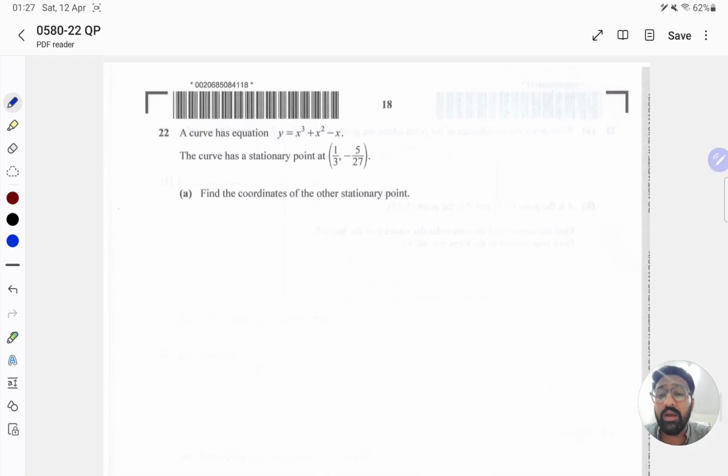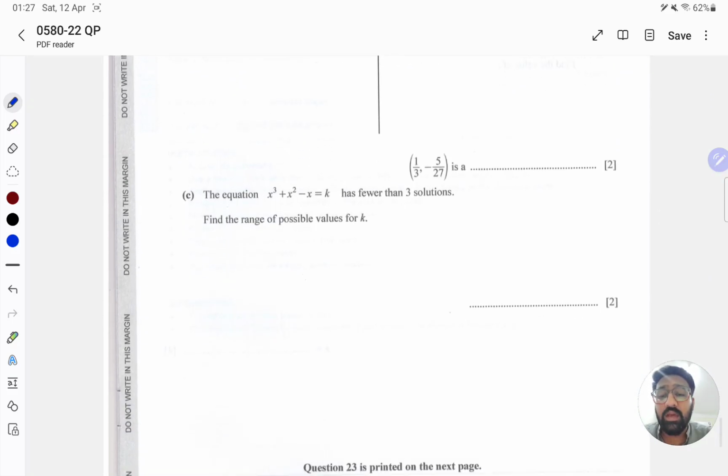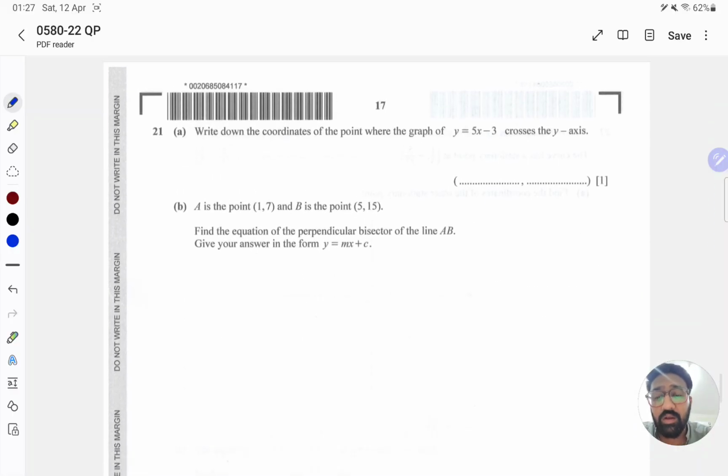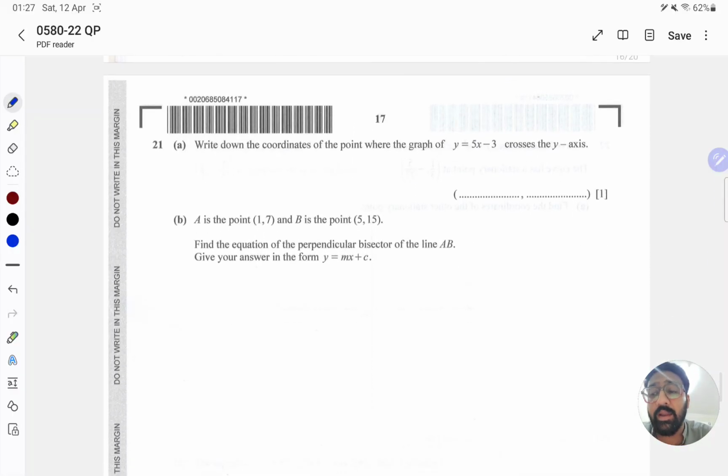Question number 21. We are just a few questions away from the end of the paper. Question number 21 says, write down the coordinates of the point where the graph of y equals 5x minus 3 crosses the y-axis.